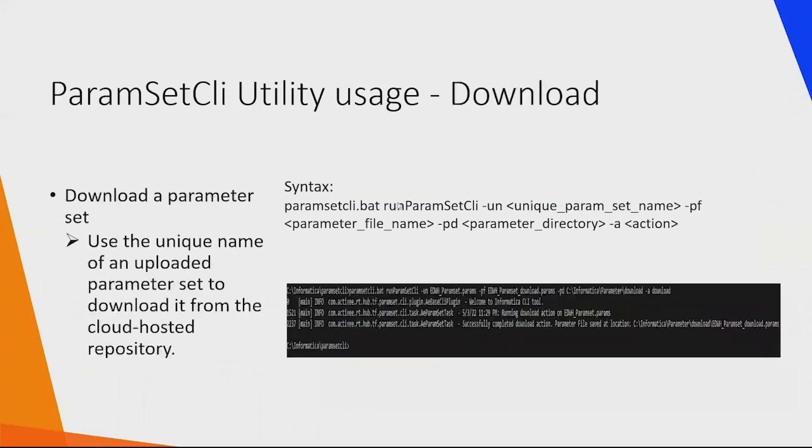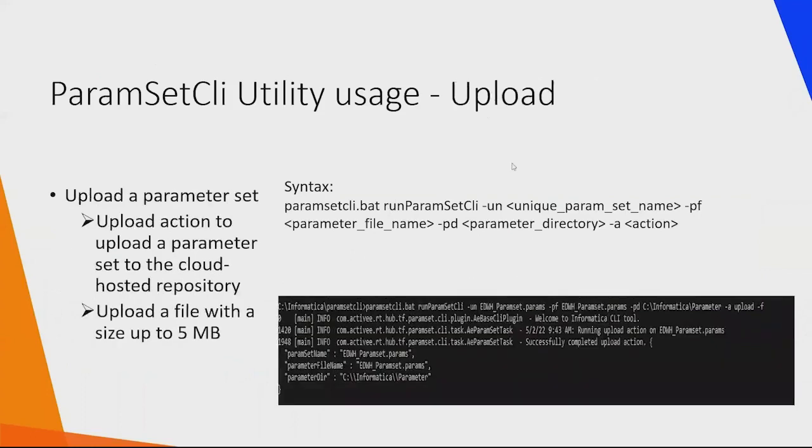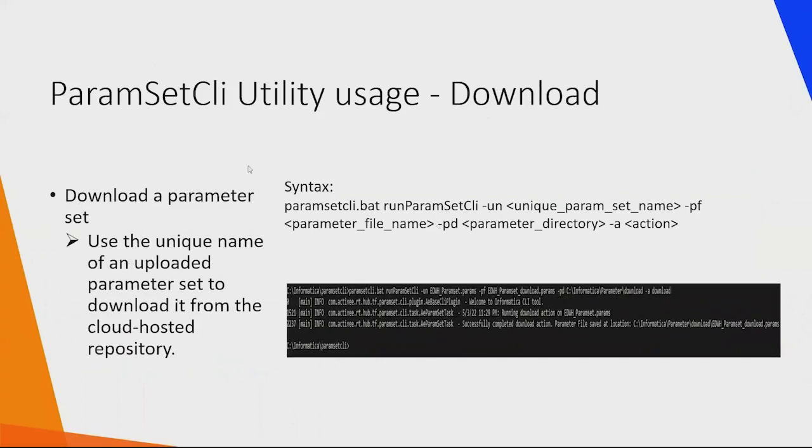You can download that as well. Let's say there is some parameter set which has already been uploaded to the cloud hosted repository, and you don't have a copy of that. As I said previously in the upload section, you first create a file which you store locally, and then upload it through this command line, which uploads it to the cloud hosted repository. But let's say someone else in your team has uploaded that, and you want to see the content of it. There is no way to see the content of the parameters of that parameter set using this parameter set CLI utility.